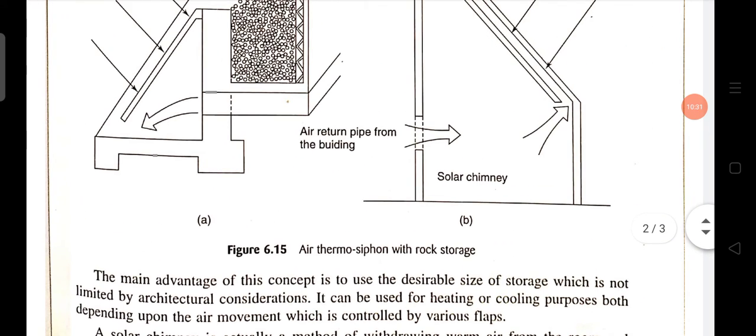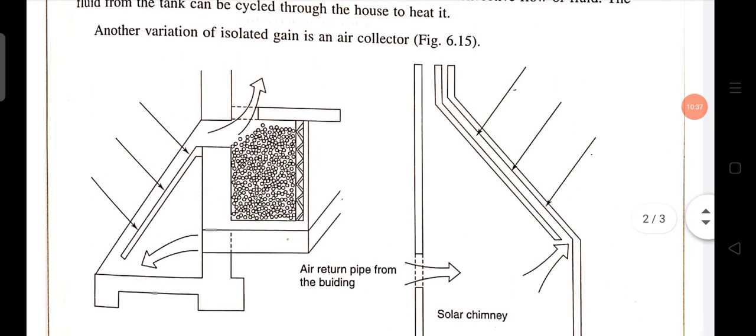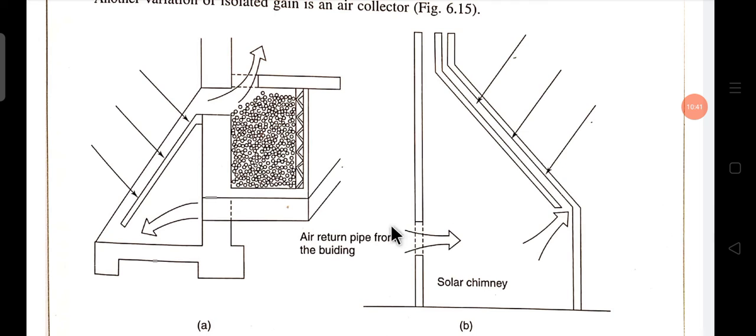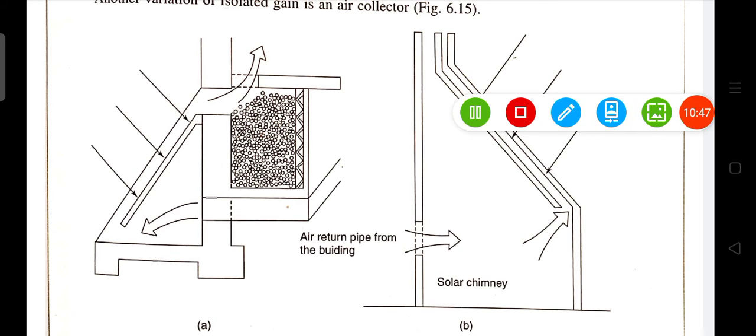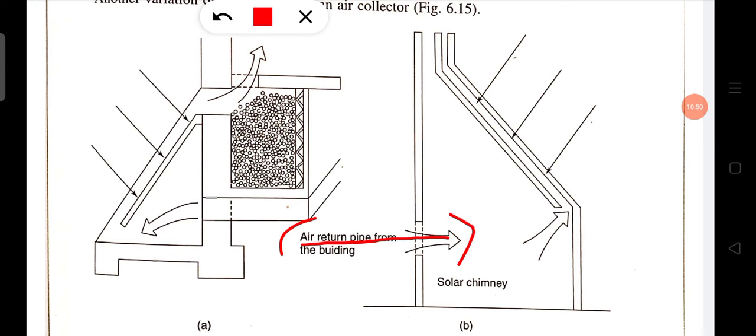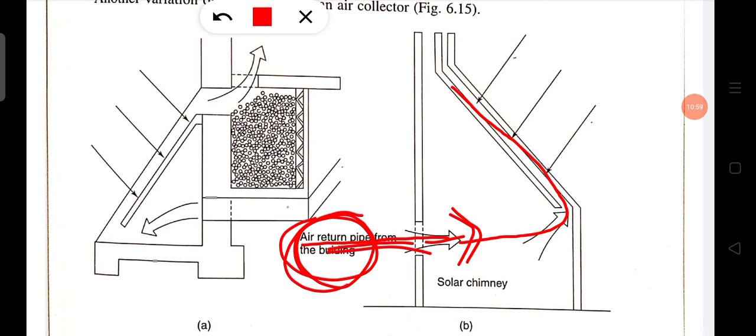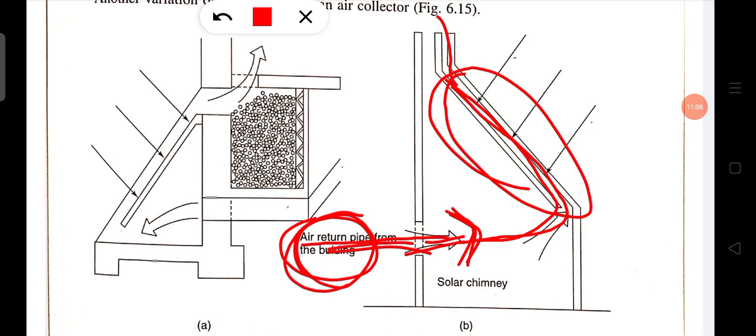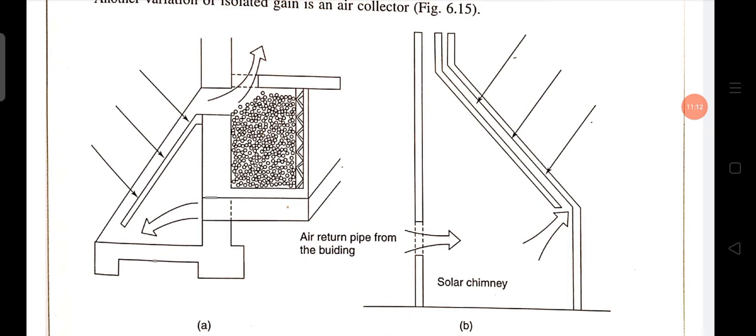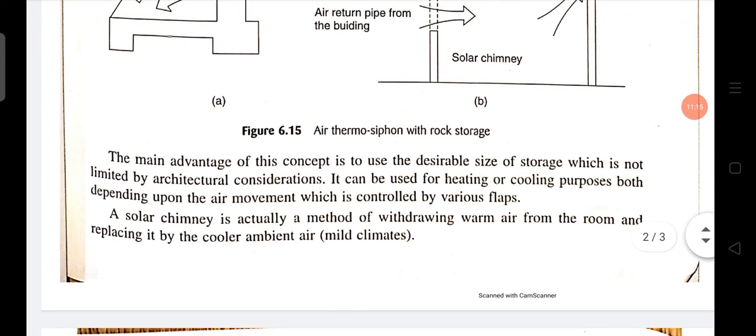In a solar chimney, the intake air comes from the building, and this air is circulated in the collector and goes upward through the vent. The solar chimney is for ventilation of the building.